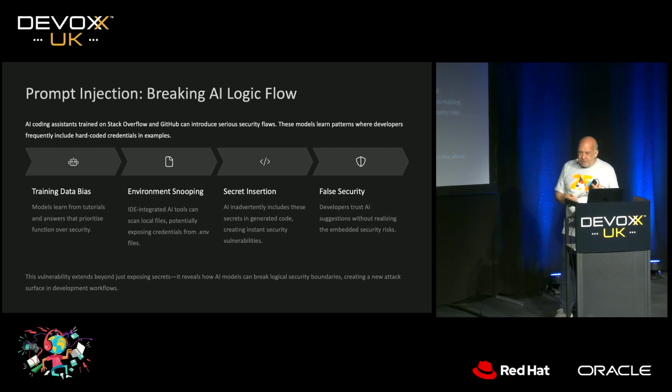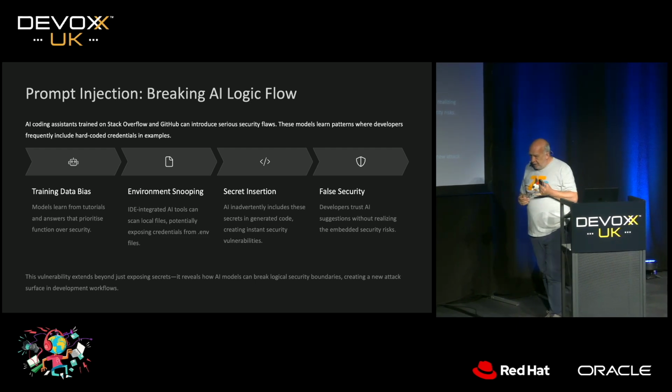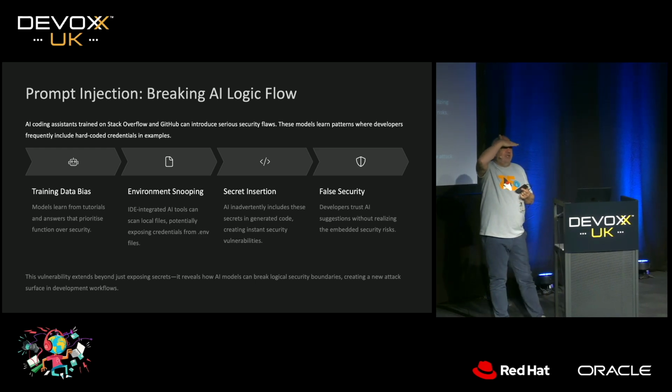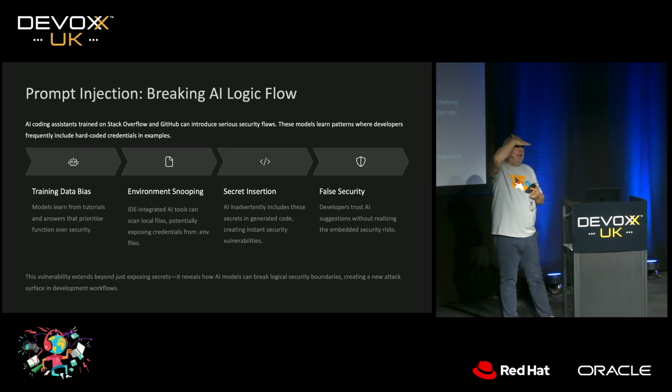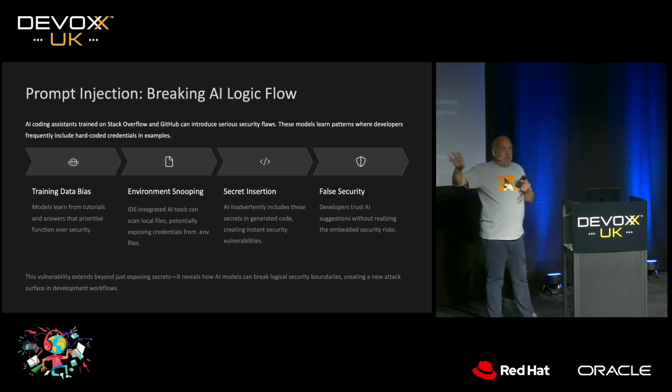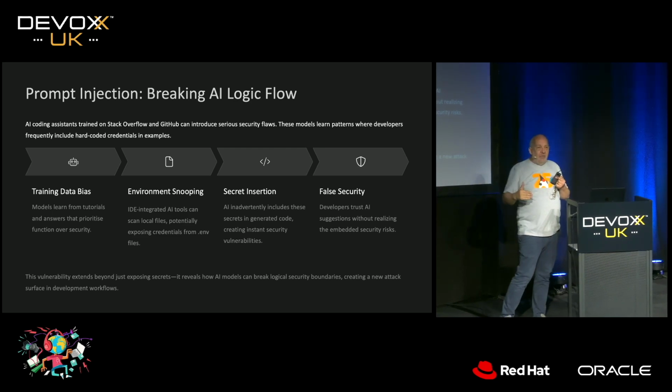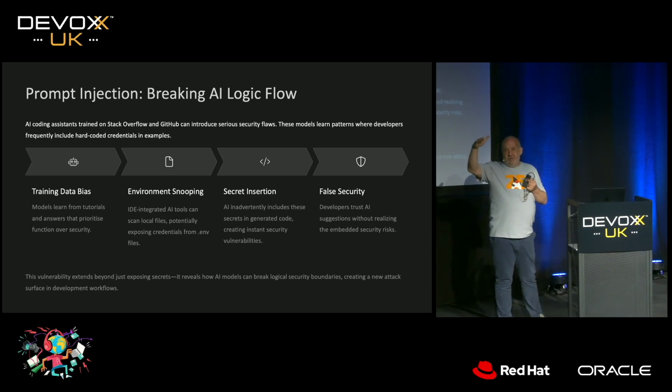The other prompt injection thing is, how many of you are playing with agentic AIs? Anybody playing with it? No? Okay. Right. So one of the things with agentic is you're saying, I'm enabling my AI to do things on my behalf. You may have a prompt that says, do this, then do this, then do this, then do this.